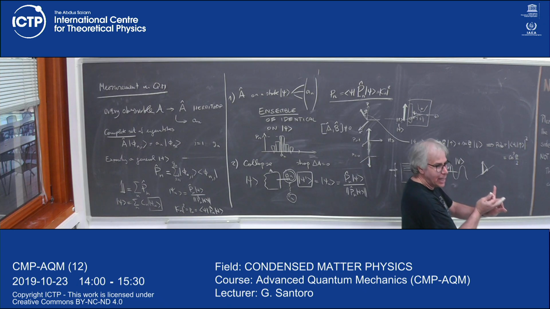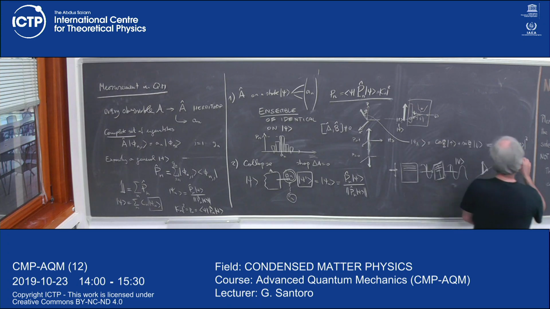And needless to say, the intensity that comes out is precisely the cos squared of this angle. So if the angle is 0, the two polarizers are aligned, you get the same intensity. If the angle increases, you get less and less until at pi over 2, you get 0.